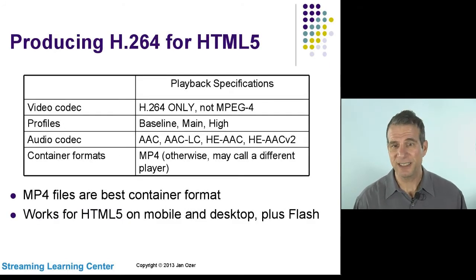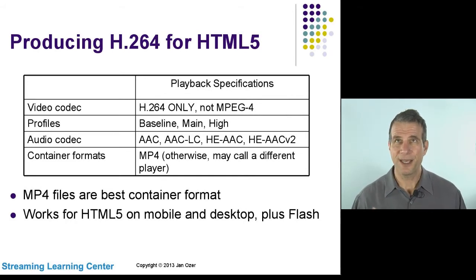Okay, if you're producing H.264 for HTML5, there are a couple of things to know. It's H.264 only, not the MPEG-4 codec. You can use any profile you'd like. You can use any audio compression technology you'd like. The container format that I recommend is the MP4 container format, and that will give you universal playback. If you use MOV or F4V, the HTML5 compatible browser may call a plugin.